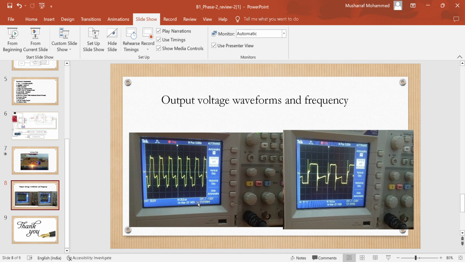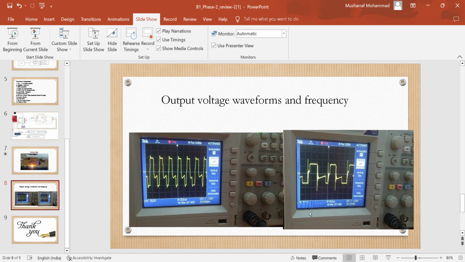If you use a 12 volt 1.3 amp-hour battery, it will generate 230 volts at approximately 30 kilohertz. As we switch on the supply, the voltage at the transformer decreases, and since we used a 12 volt 1.3 amp-hour battery, it gives power only for a little time, so the frequency is generated at approximately 30 kilohertz.